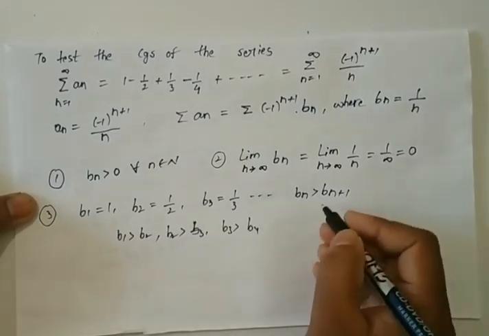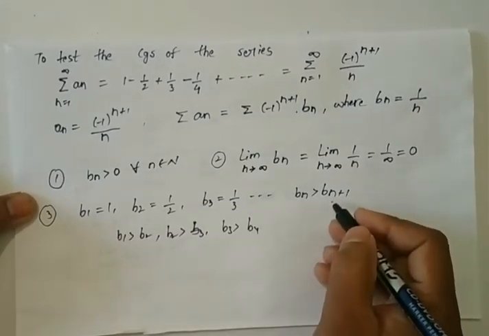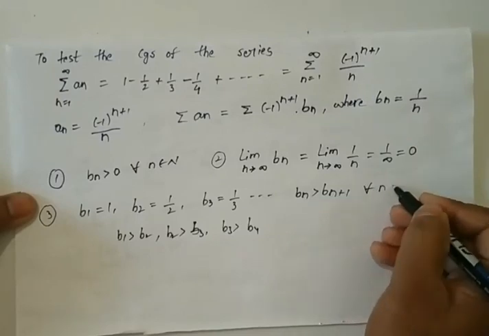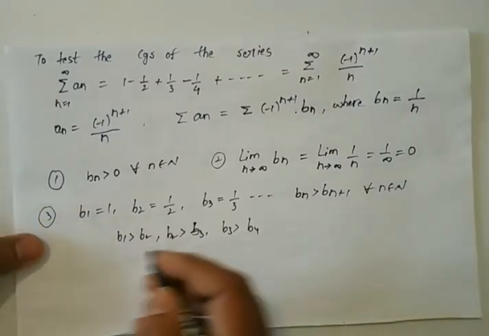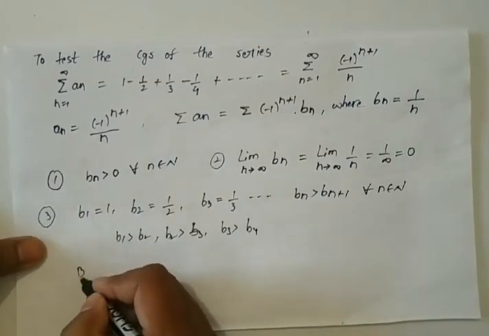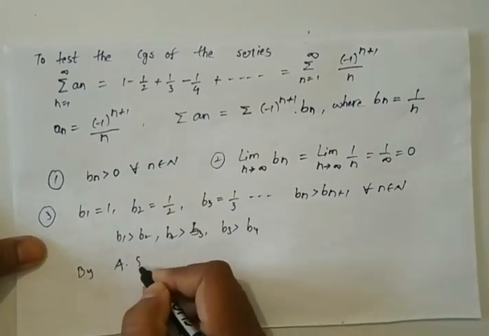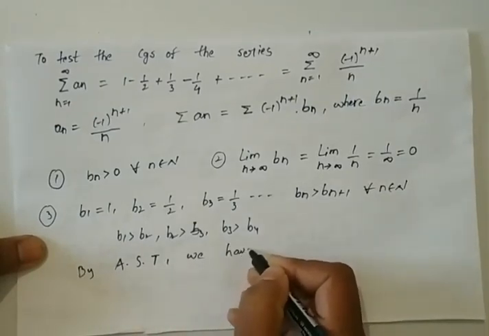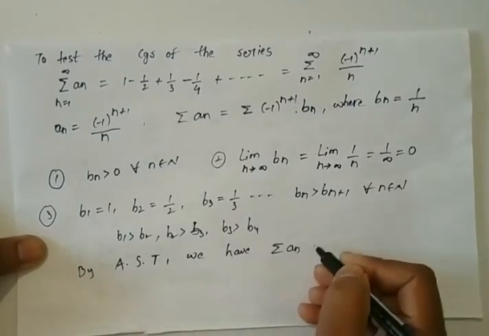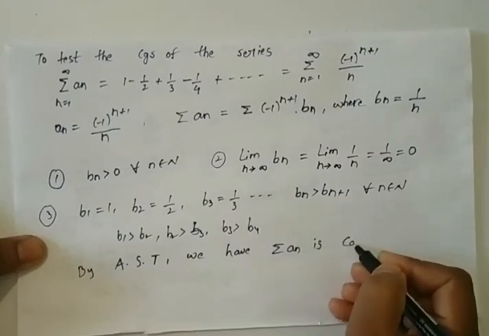So finally bn is greater than bn plus 1 for all n belongs to N. So the third condition is also satisfied. So by AST, the alternating series test, we can say that the given series, summation an, is convergent.